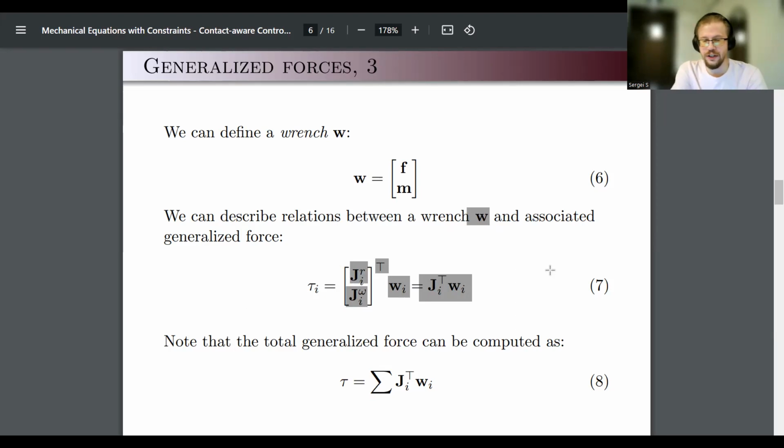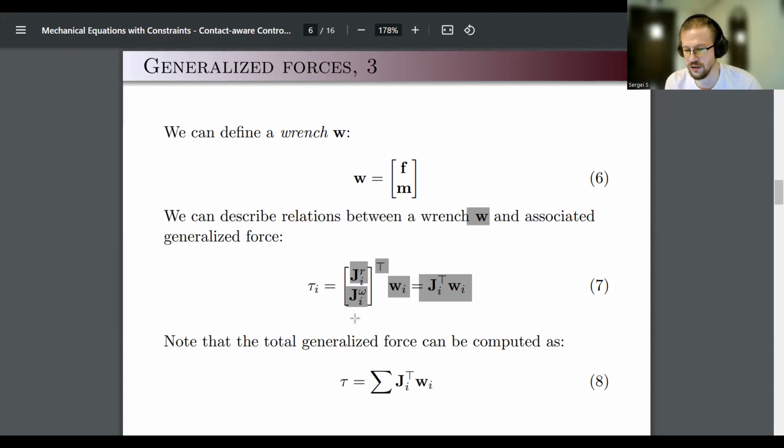So if we have at the same time a force and a torque acting, then we could define a wrench, and we could concatenate those two Jacobians, and this works out. In practice, this happens sometimes when you have a clear relation between a force and a torque, and they exist simultaneously and are somehow related to each other. And so it is more meaningful to talk about a wrench than about torque and force separately.